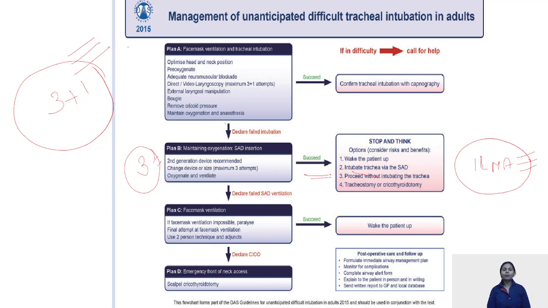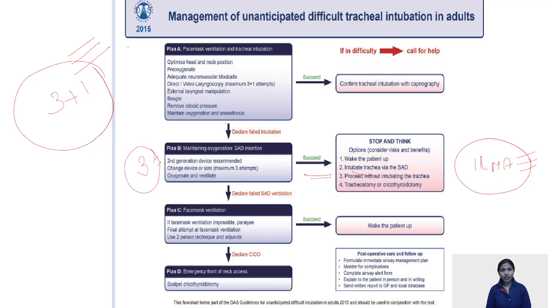I repeat again. Plan A: after face mask ventilation, try intubating the patient with 3 plus 1 attempts, with different maneuvers, different sizes, different techniques in all the attempts. If you don't succeed, plan B: insert a supraglottic airway device, 3 attempts. Again, change the type or the size of the supraglottic airway device.